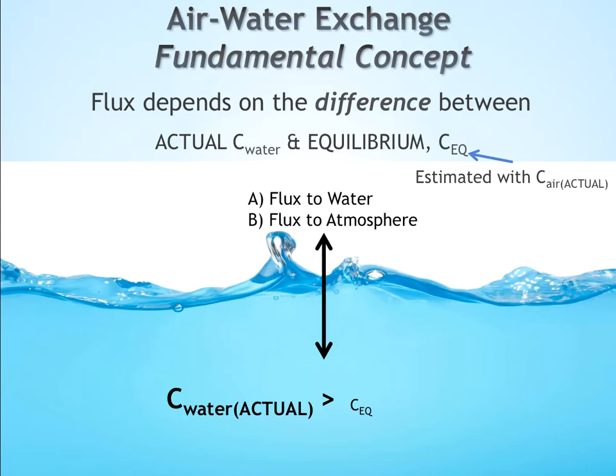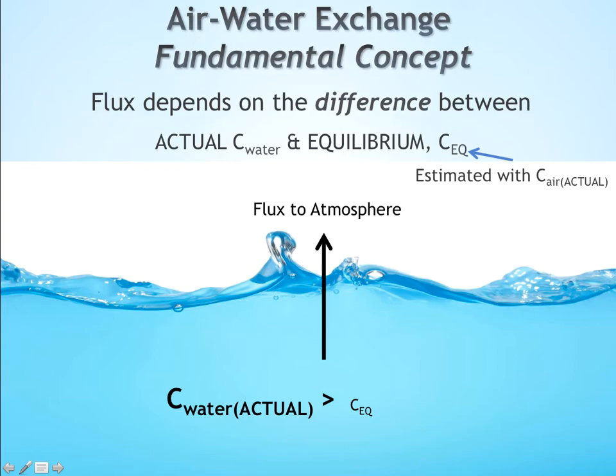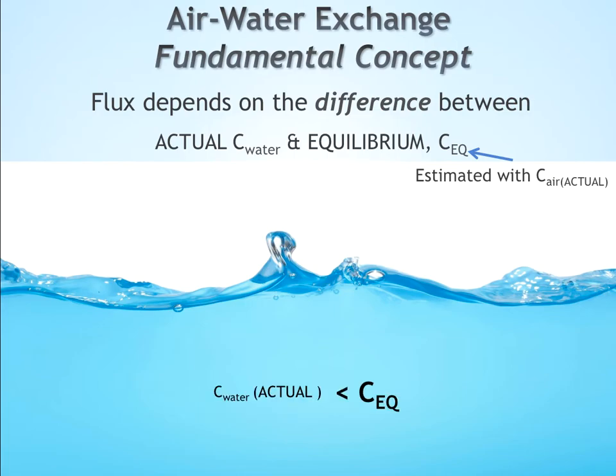So you can think about that for a moment. And the idea is that if there's more chemical in the water than there should be at equilibrium, you would expect for that chemical to go into the atmosphere, so from the water into the atmosphere. On the other side of that idea, if the amount that you measured in the water is much less than the amount that should be there at equilibrium, would the flux then be to the water or to the atmosphere?